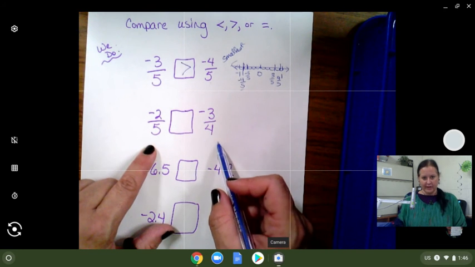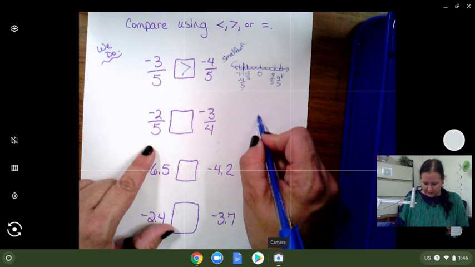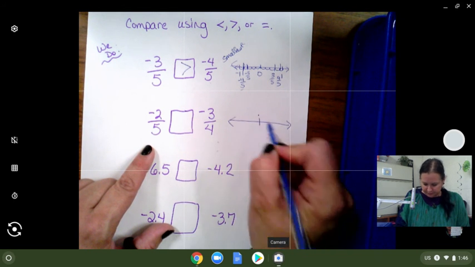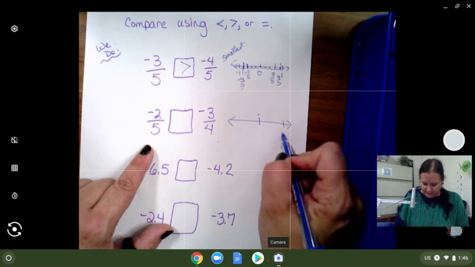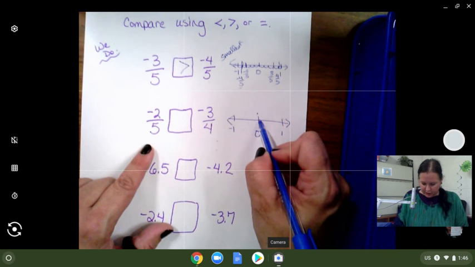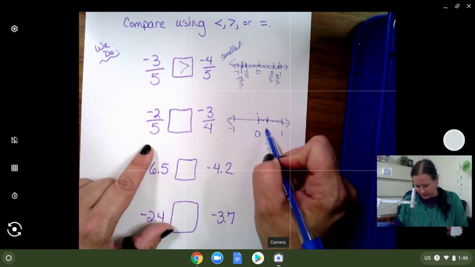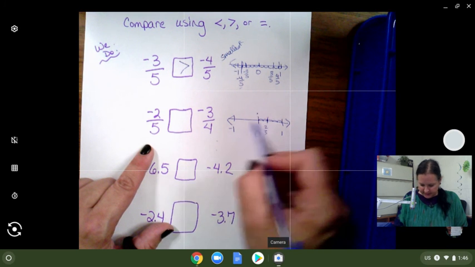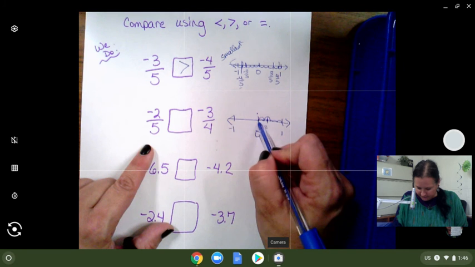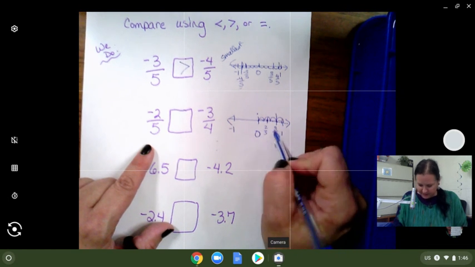All right, the next one, I'm going to just put these on a number line again. This will go again between 1 and -1, and the 0's in the middle. 2/5 would be 1, 2, 3, 4, 5, 2 hops over, 2/5. This one, 3/4. I could chop my line into fourths, and that would be 3/4 up here.